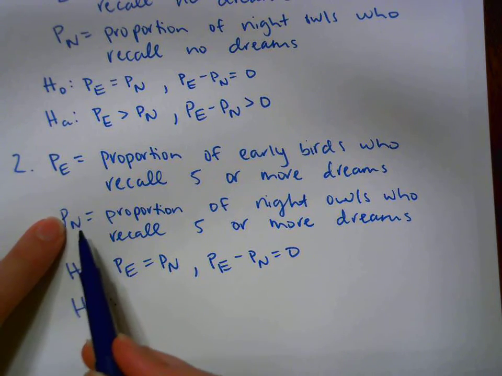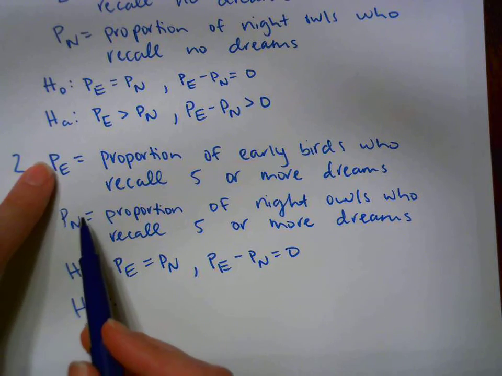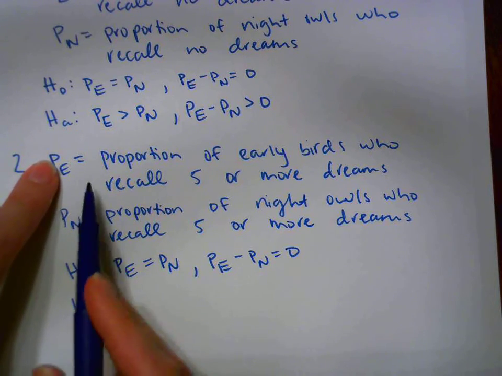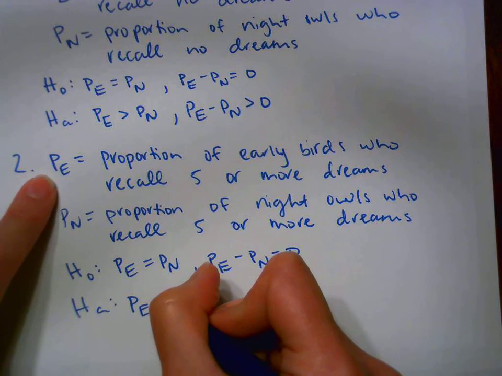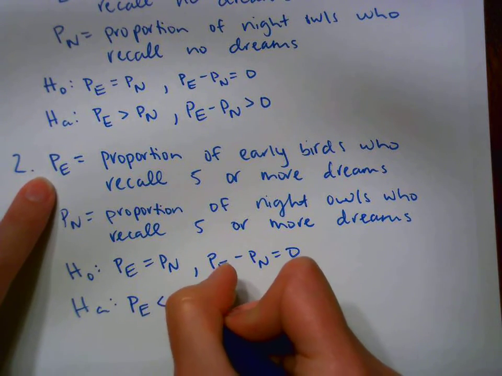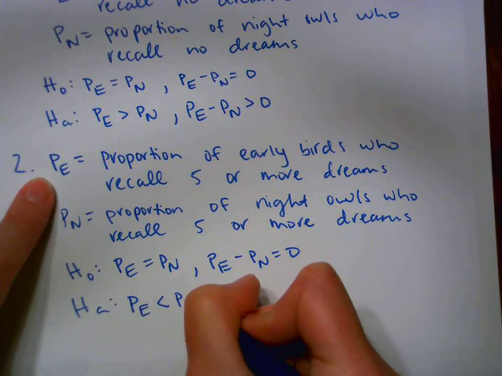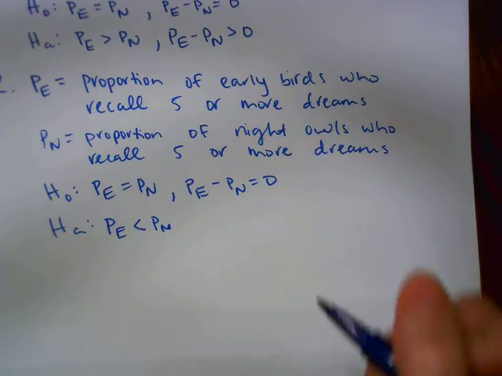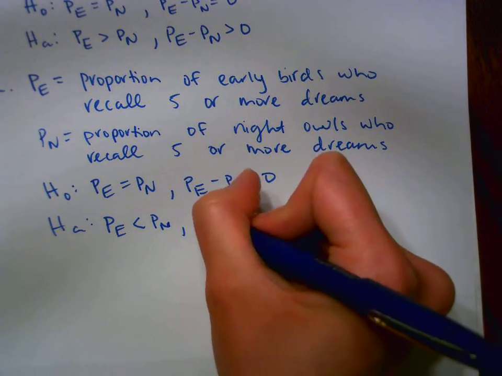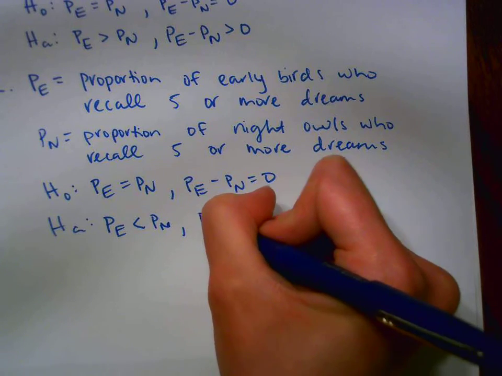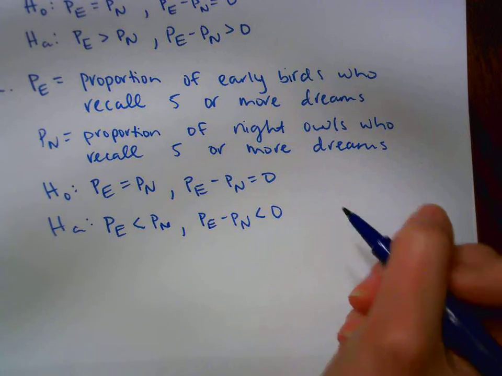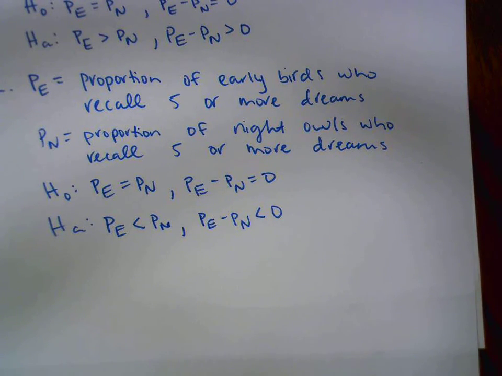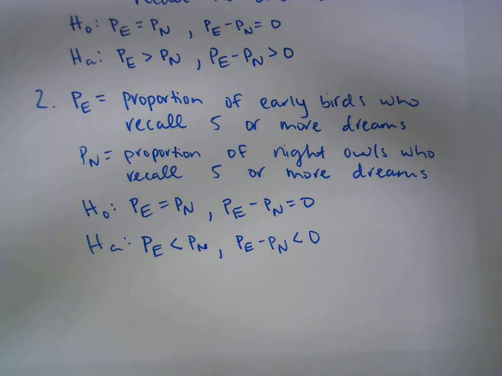You could either do pN is greater than pE, or if we stick with putting pE first, then we think early birds recall fewer dreams than night owls. So if we were to move that over, pE minus pN is less than 0. So that would be your two different proportion setups for part A.